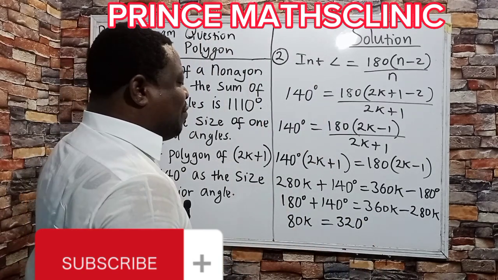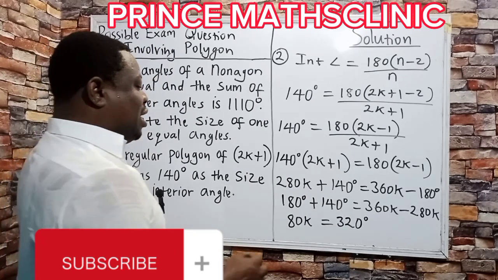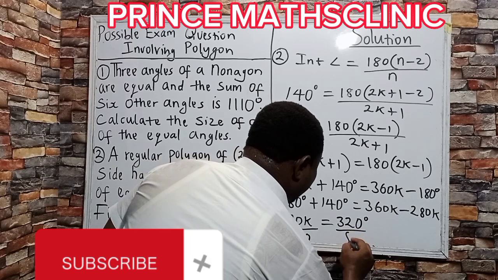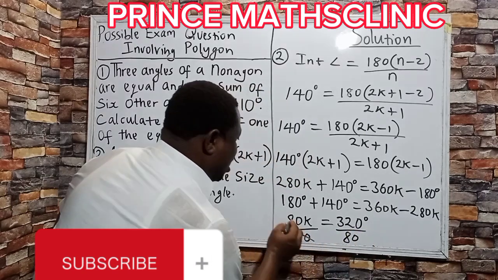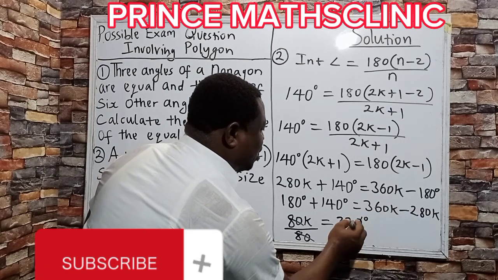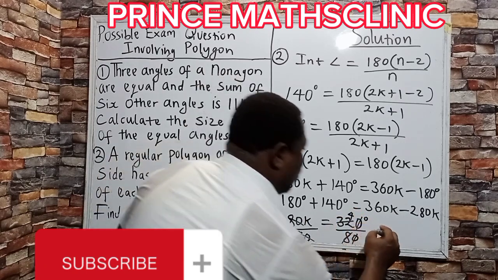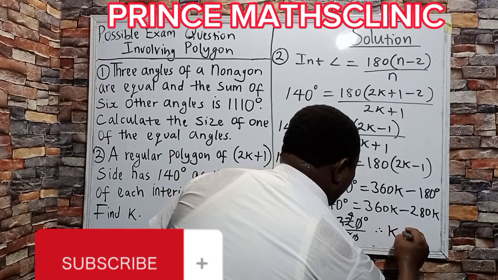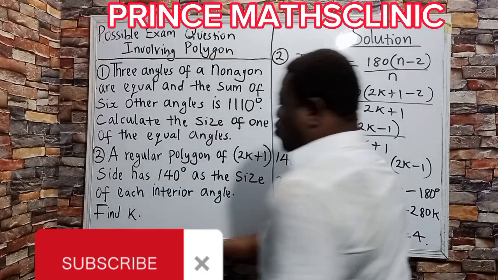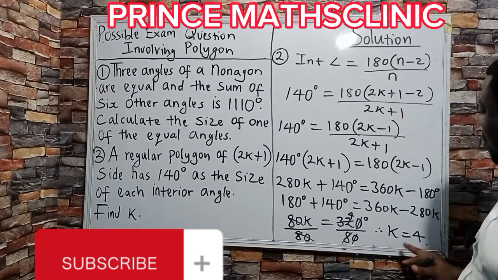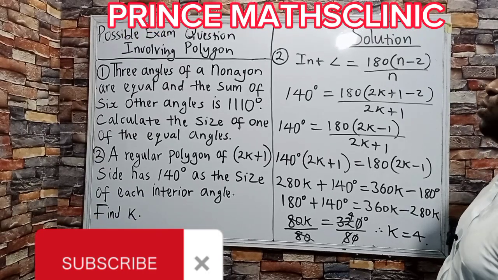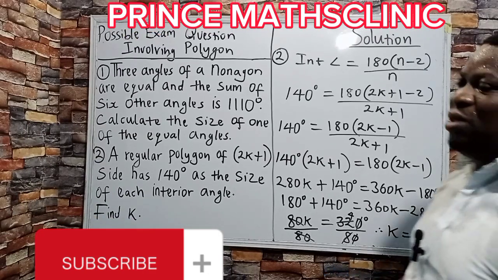Then, in order for us to arrive at our value for k, let's divide both sides by 80. 80 here cancels 80. 0 will cancel 0. And 8 can go here how many times? 4. That means our value for k is 4. We are asked to find k, and we've obtained the value for k to be 4. That is the solution to this second question.